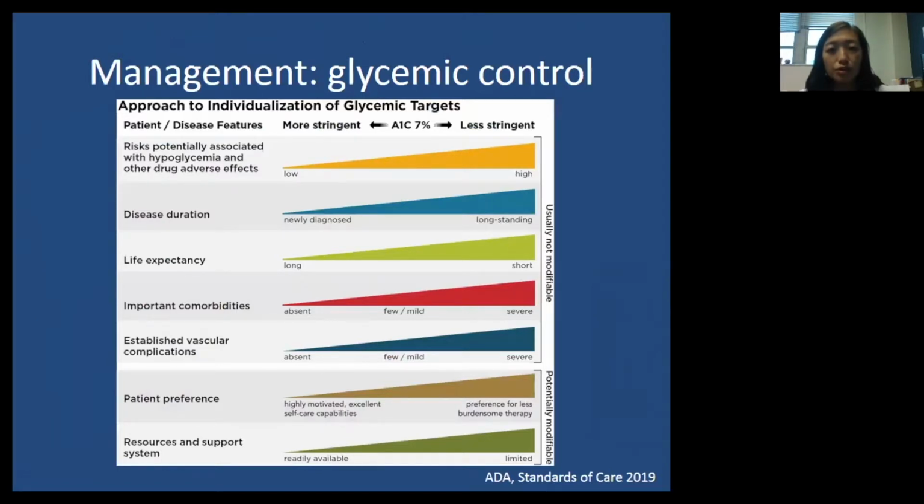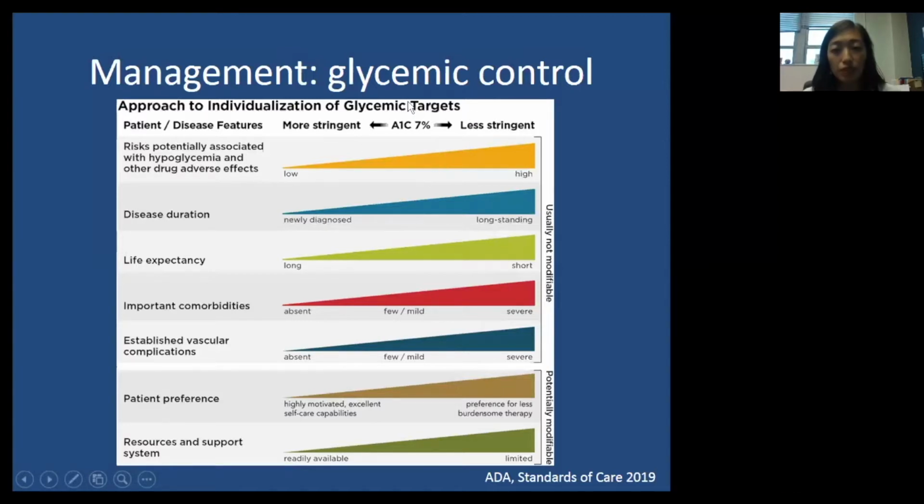So let's move on now to glycemic control. This is a similar way of thinking about how stringently to control our type 1 diabetic patients in terms of A1C. This comes from ADA's Standards of Care from this year, which came out in January. The goal generally for all non-pregnant adults with type 1 is to keep their A1C at 7% or lower.